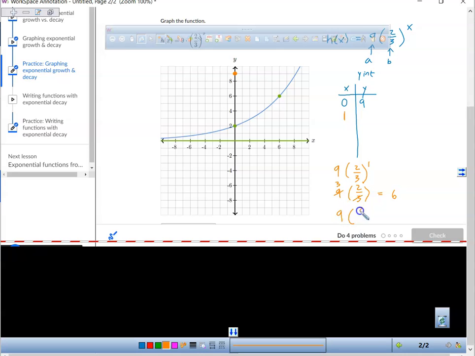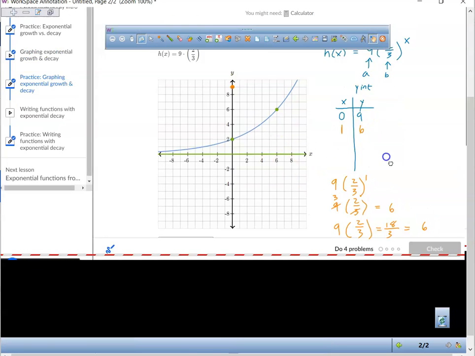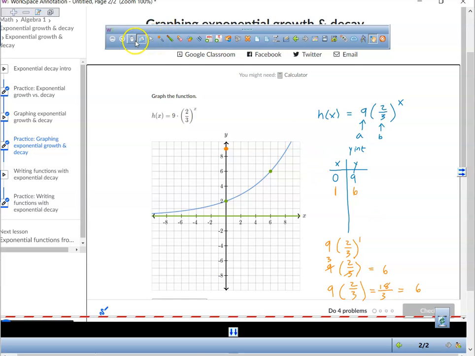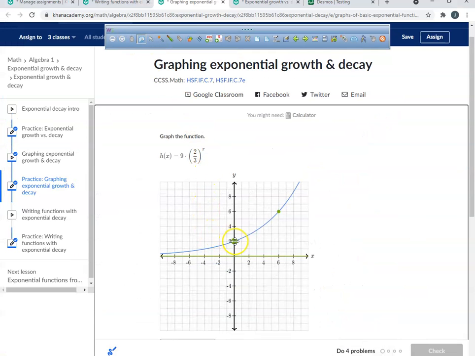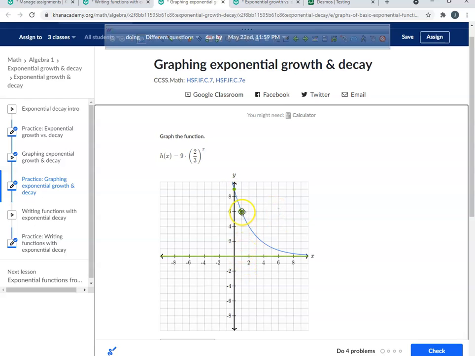The other way of looking at it, you could do 9 times 2, which gets you 18/3, because 9 times 2 is 18, and 18/3 is also 6. So I'm going to put a 1 and a 6, and those are the 2 points that I'm going to use. So 0 and a 9, and a 1 and a 6.